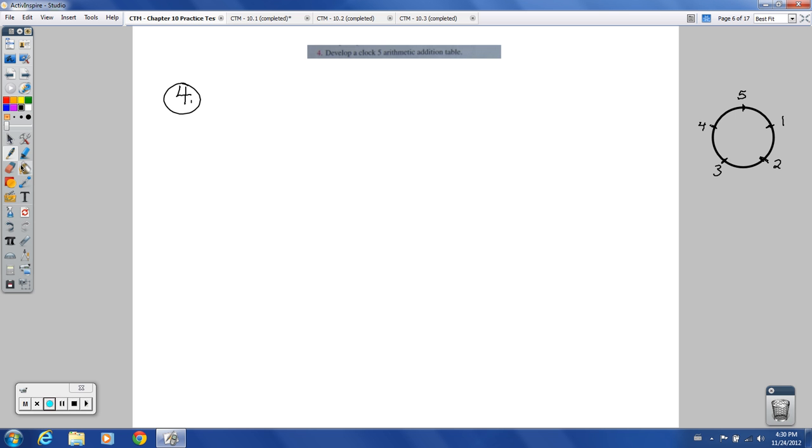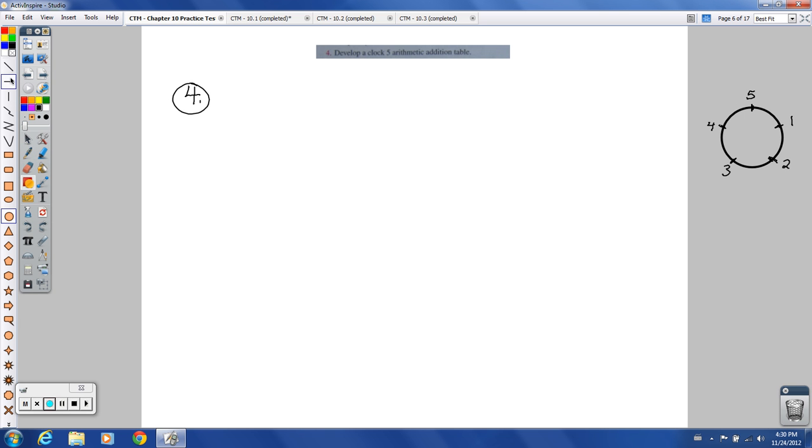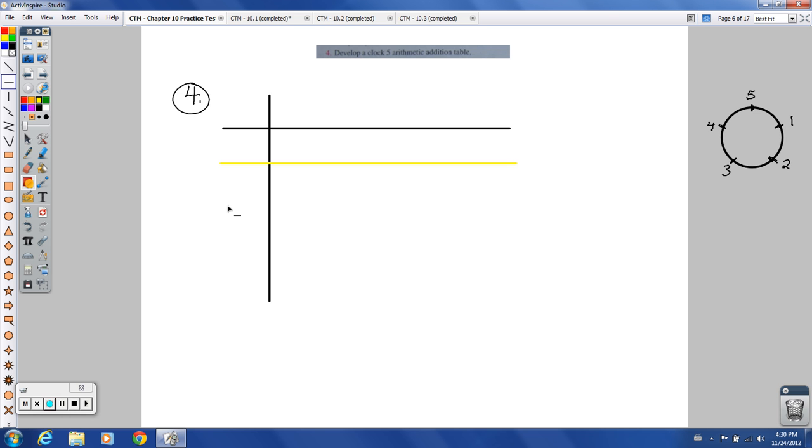So to develop our table here, I will make a nice looking table with my line tools. You do the same. I'm going to draw in some light guidelines too. These can be the blue lines on your paper, just so we can see how it all lines up nice and straight.